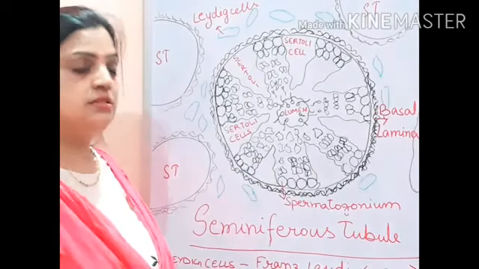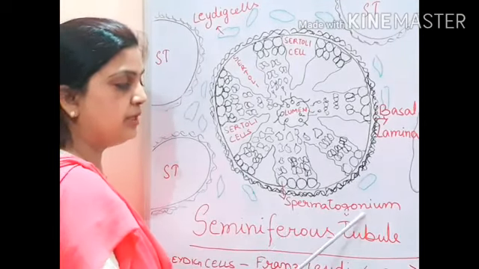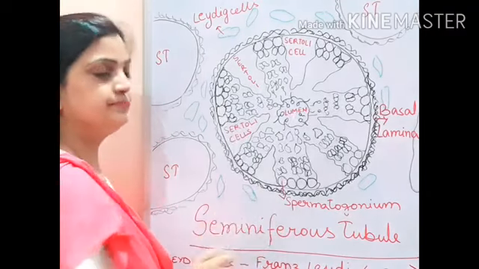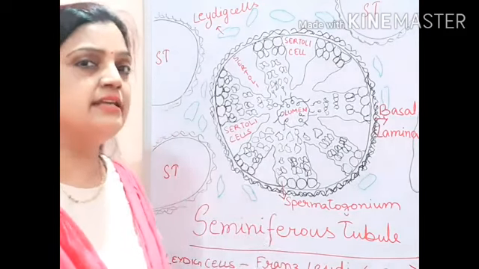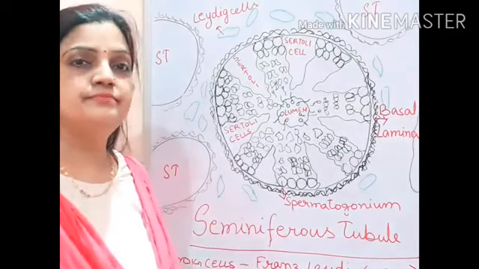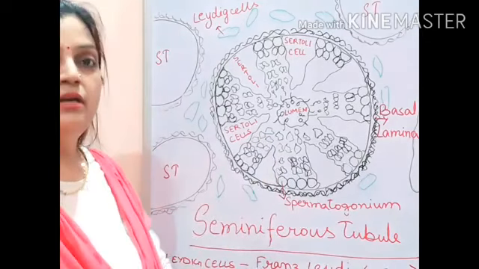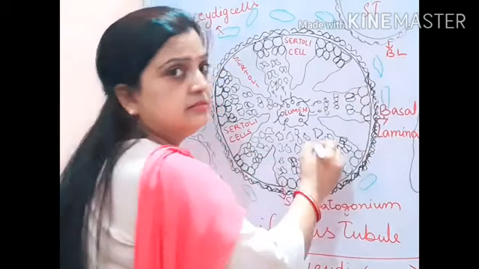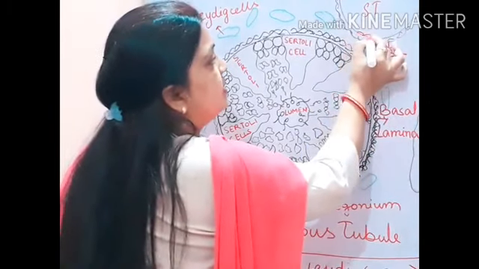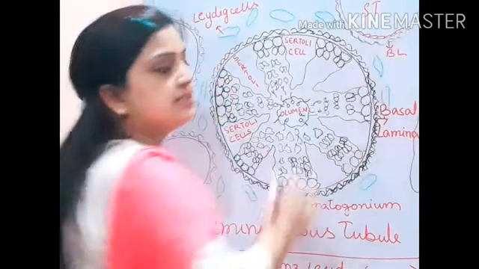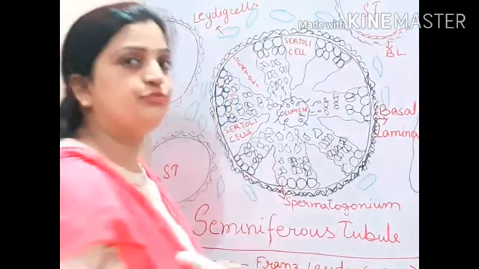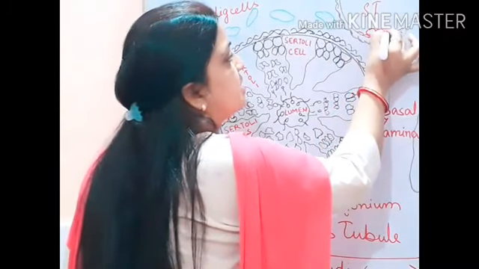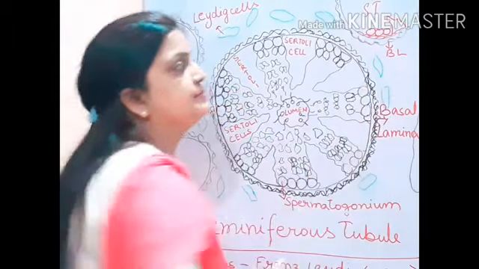The first one is the spermatogonium cell and the second one is the Sertoli cells. Nothing else is present inside. So this is your basal lamina, and here your epithelial lining is present, and this epithelial lining forms two types of cells, your spermatogonium cells and your Sertoli cells.